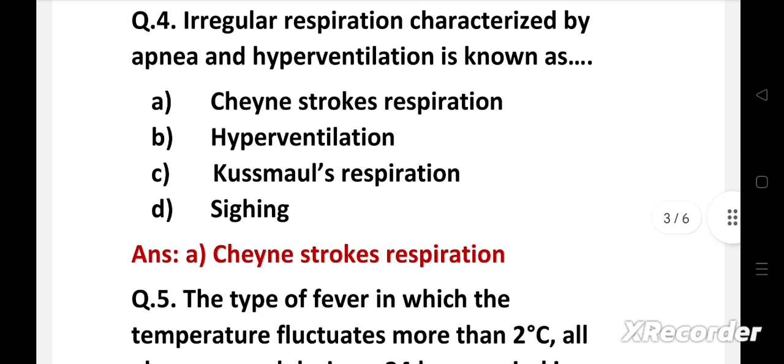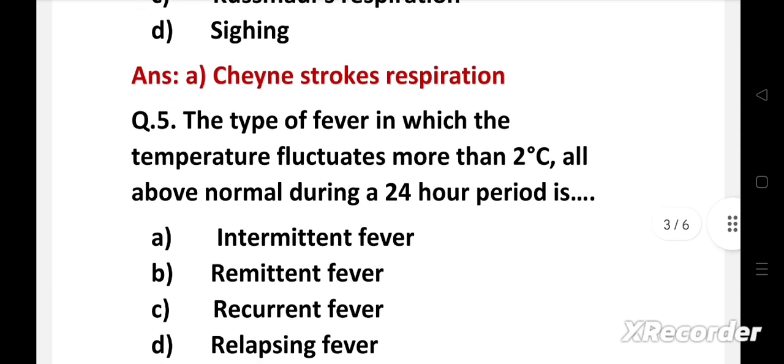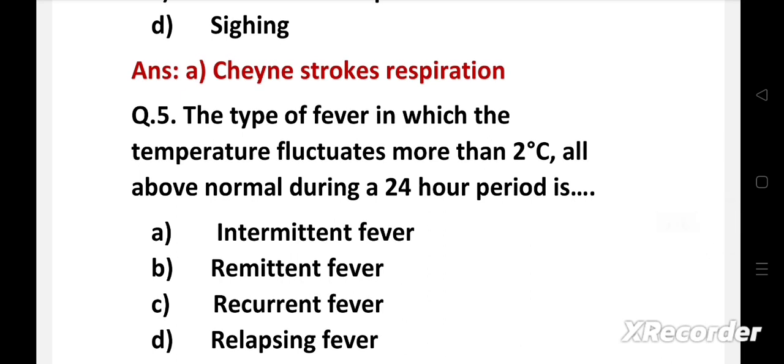Next question. The type of fever in which the temperature fluctuates more than 2 degrees centigrade, all above normal, during a 24-hour period is: option A, intermittent fever; B, remittent fever; C, recurrent fever; D, relapsing fever.